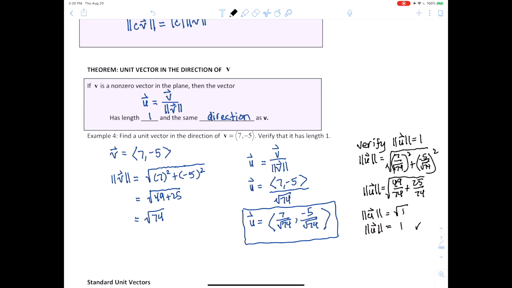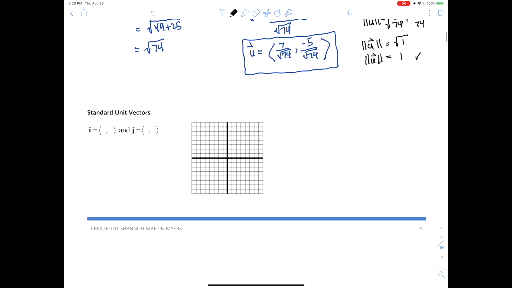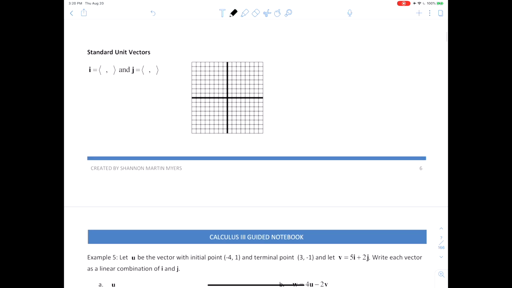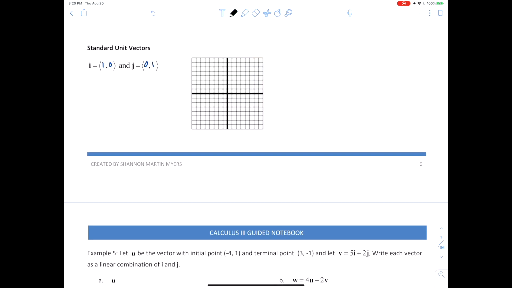Good, good? All right. Now let's talk about standard unit vectors, okay? And this is in the plane. So the I vector in component form is (1, 0), and the J vector is (0, 1), okay? I want to see a picture of it, so let's call this 1 right here so we can see it.